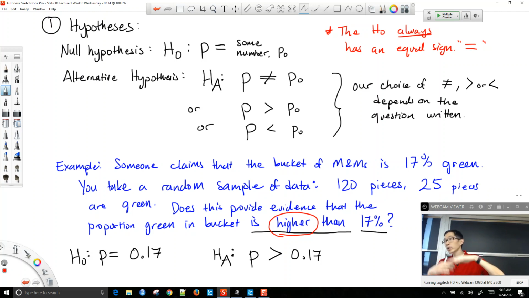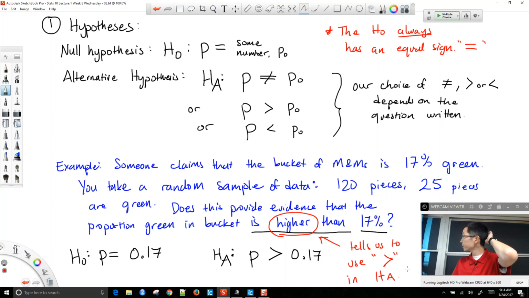The null hypothesis is always that it's equal. That's the only way we can do tests. We can only do tests if we are claiming that it's equal to some value. All right, is that okay? So our choice of not equal, greater than, or less than depends on the question here. So this tells us to use greater than in the alternative hypothesis.